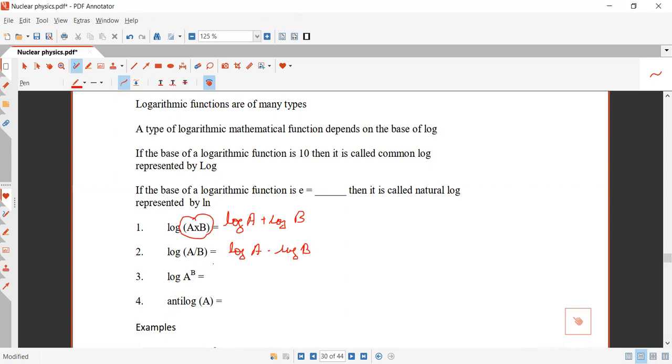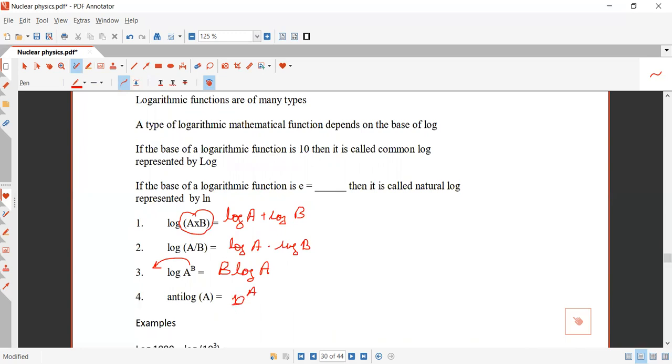And the third one: b is going to go to the front. So log of a to the power b becomes b log a. And what about antilog A? Antilog A means 10 to the power A, right? So you must know all four of these properties, right?